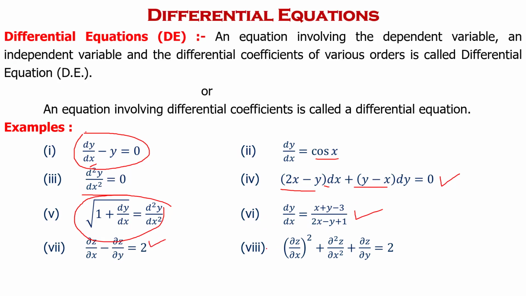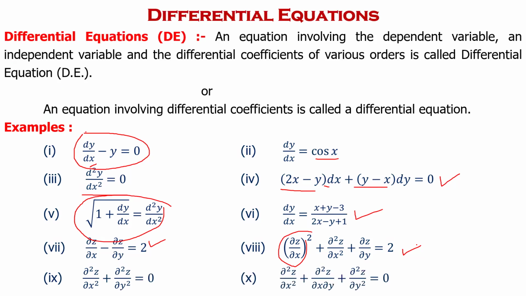So eighth, (del z/del x) whole square plus del 2z/del x square plus del z/del y equal to 2 is also a differential equation. So these are some differential equations. A differential equation is an equation in which differential coefficients are present in the given equation.